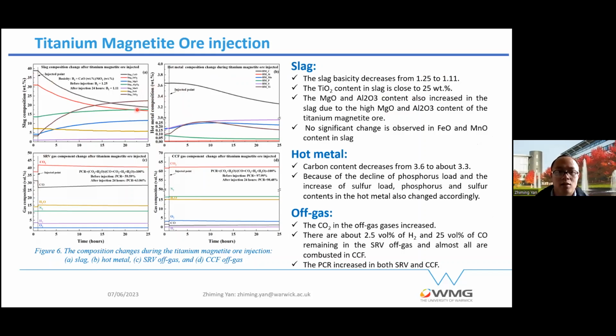The magnesia and the alumina have a little bit of increase since the titanium magnetite ore has high content of MgO and alumina. And the other elements also changed accordingly based on the composition from the iron ore, and also the off gas.